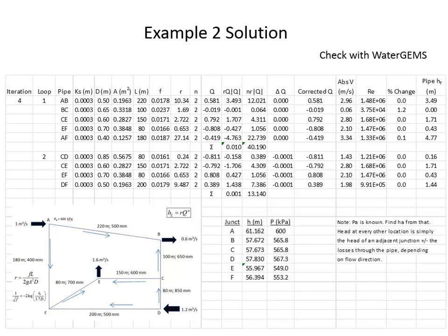All right, so pipe AF has a diameter of 0.4. AB has 0.5. BC is 0.65. CD is 0.85.